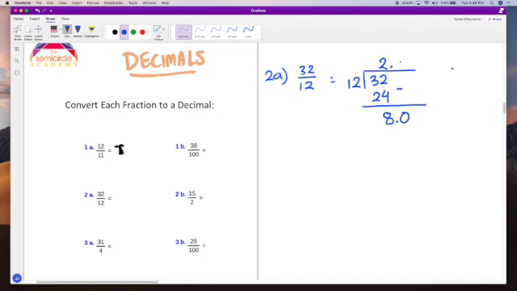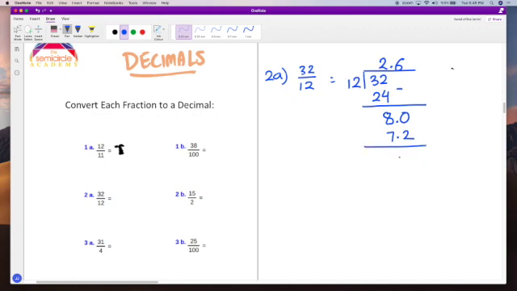And then we have to say, all right, can 12 go into 80? Well, 6 times 12 is 72. That's as close as we'll get to 80. So we'll put the 6 there. 6 times 12 is 72, and the dots will remain aligned right through.